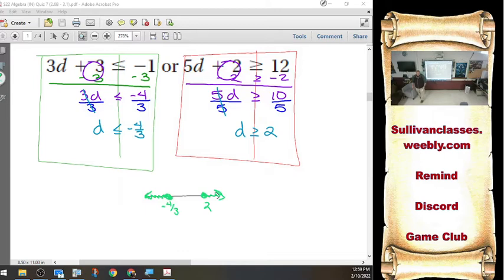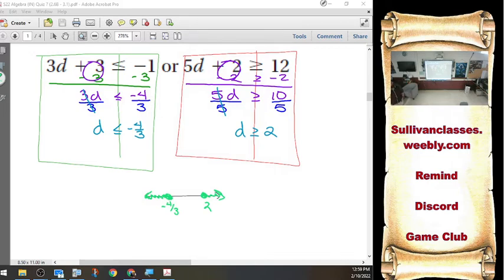And does everyone have that big cheater page with all of our different ways that the inequalities look? Remember, there was the ands and ors. We had 4 of each, showed you which way they're going, what it means. All right, this is an or problem, and they're going opposite directions with a gap in the middle.